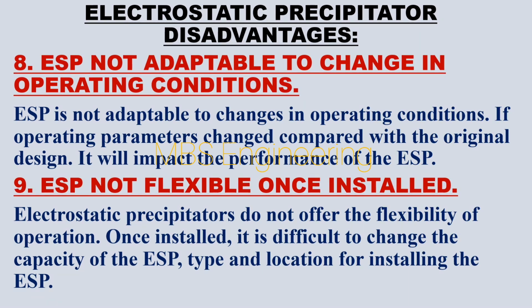If operating parameters are changed compared with the original design, it will impact the performance of the ESP. Next, the ninth disadvantage is ESP not flexible once installed. Electrostatic precipitators do not offer flexibility of operation. Once installed, it is difficult to change the capacity of the ESP, type, and location for installing the ESP.